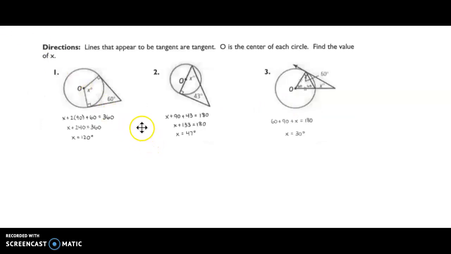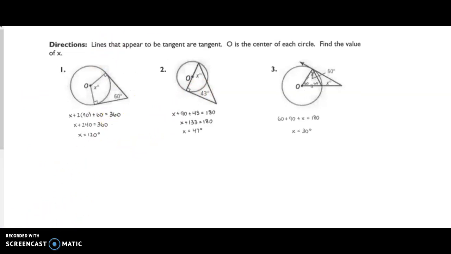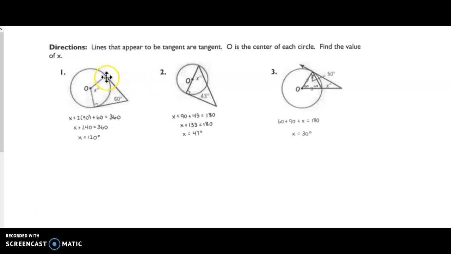And so a couple examples here. First of all, lines that it tells you in the directions, right? Lines that appear to be tangent are in fact tangent, and O is the center of the circle. And so here we know that's 90 degrees, okay?